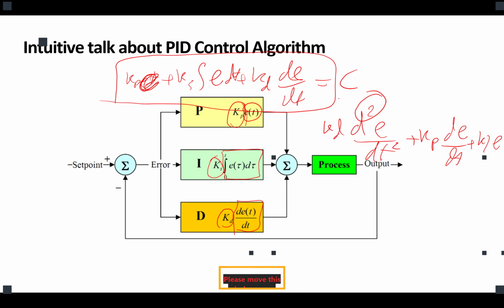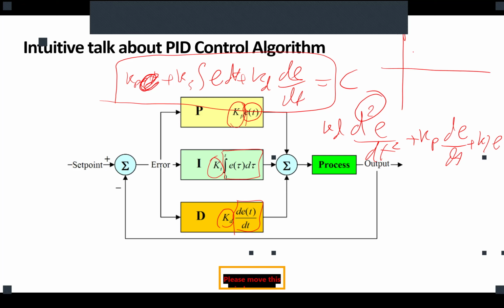So what the proportional does is, as we said, if we see a high amount of error, it would create a high amount of correction. That's fine, that's what we want. But let's say this is our set point. When the value gets closer to the set point, the error is small, correct? So the correction would become small.